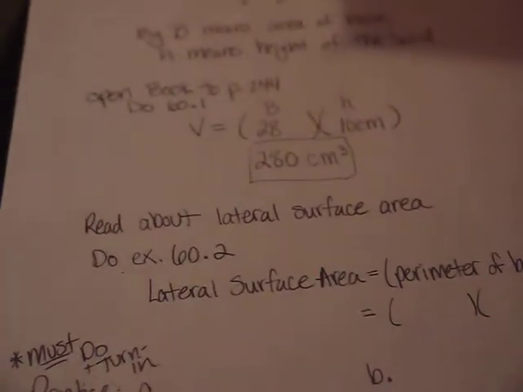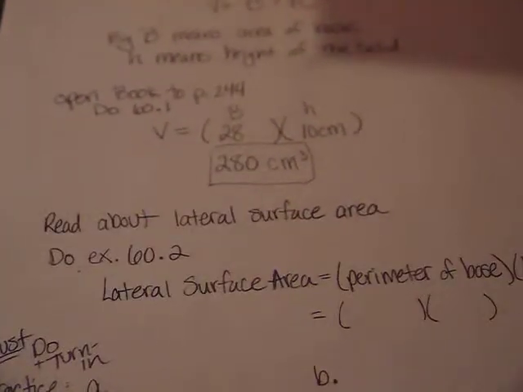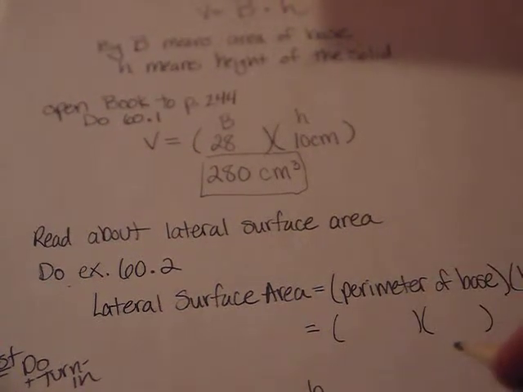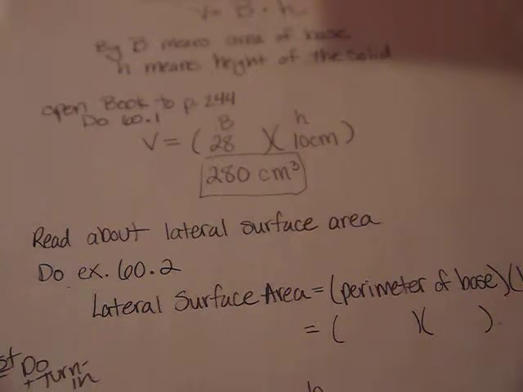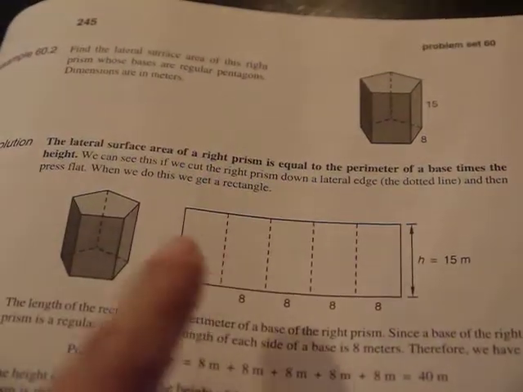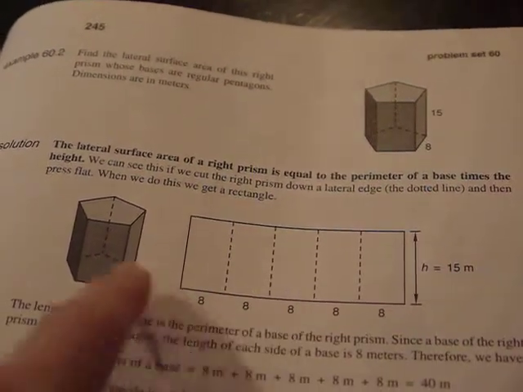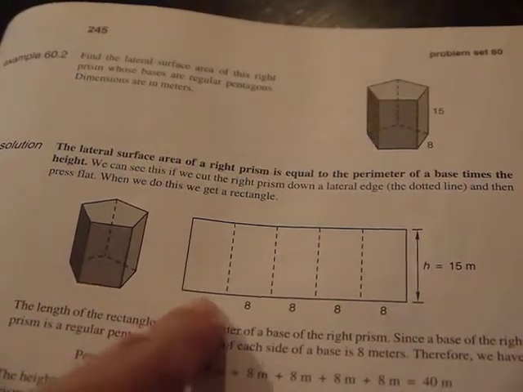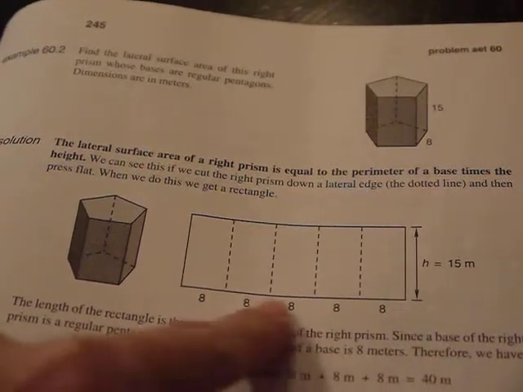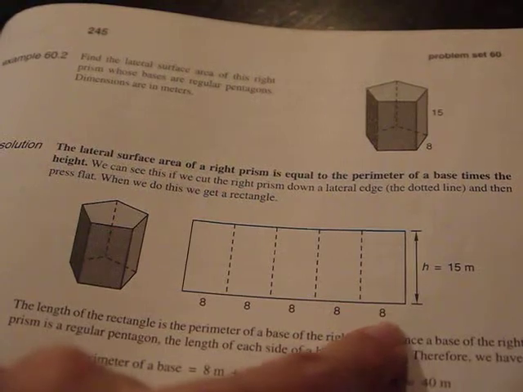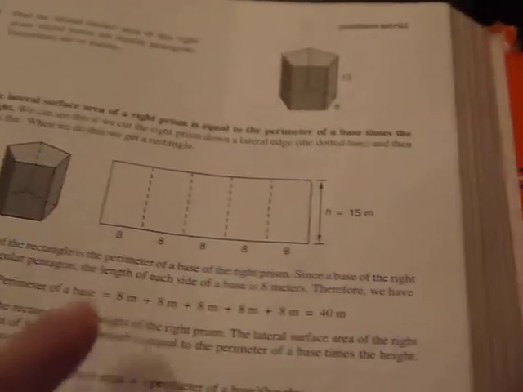So that means we have 5 little rectangles with the width of 8. And if you look in your book, or I'll even just show you again, each little face had an 8. So that means the perimeter of the whole thing is 8 times 5, which happens to be 40.